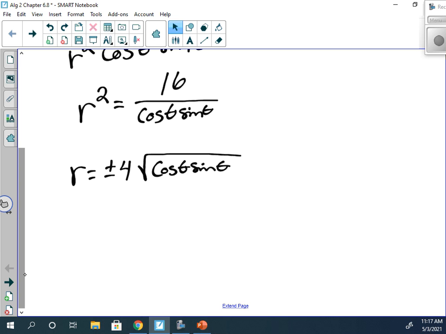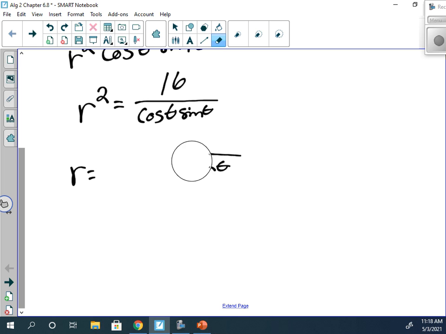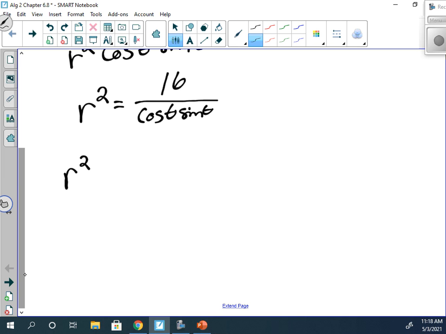Yeah, I see what they're doing. No, it would actually give us the same thing. What they're willing to accept is not that, but they're actually going to leave it as r squared is equal to 16 over cosine times sine, and they're going to convert these over to secant and cosecant.